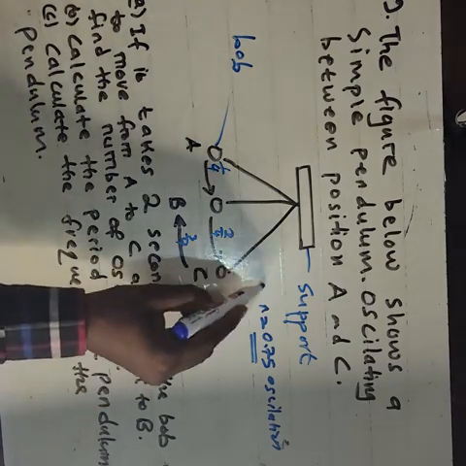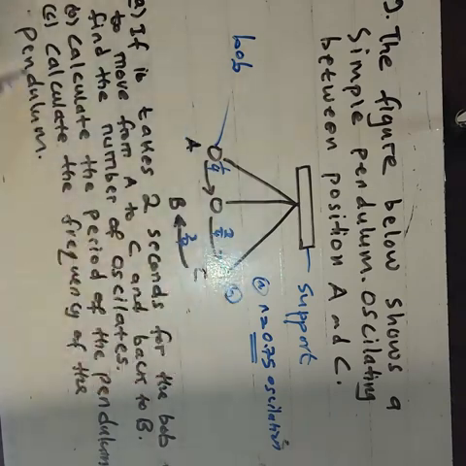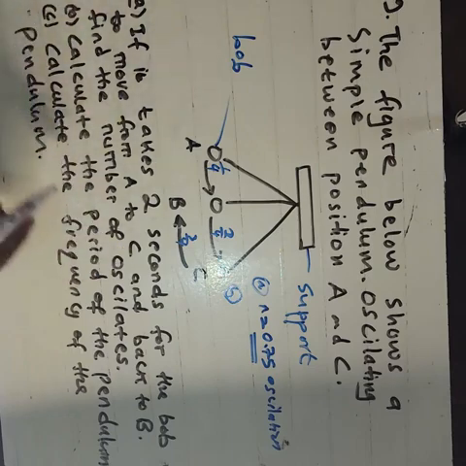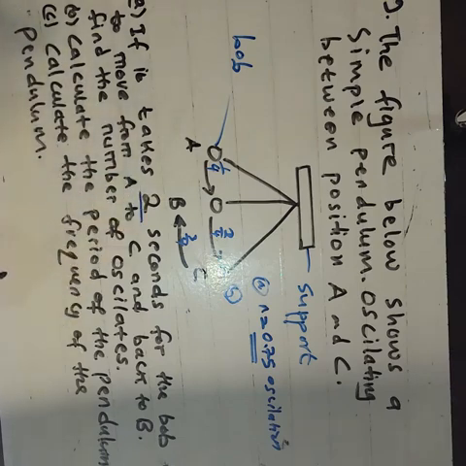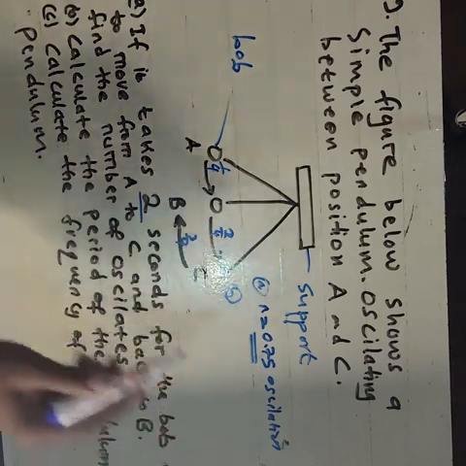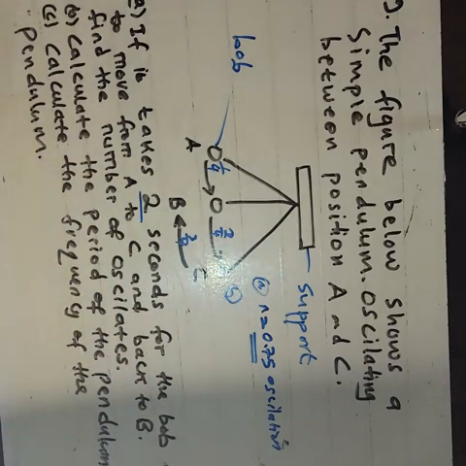Okay, let's go to B. So this is our A. B, they're saying what? Calculate the period of the pendulum. If we follow this question clearly, they have given us time, and we have also found the number of oscillations. So what are we going to do?